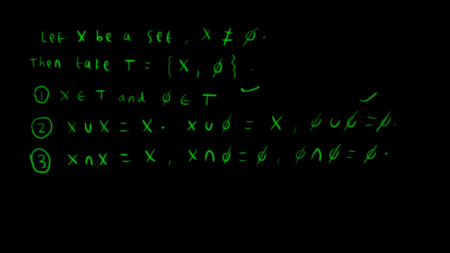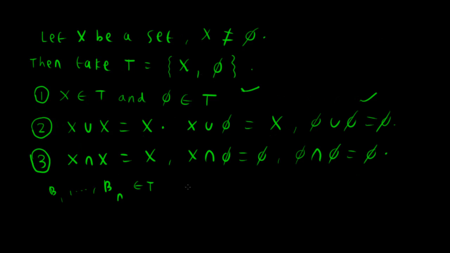Okay, and this applies to any finite number of sets that I take from T, because I only have these 2 options. So, just to illustrate this a bit, if I take B1 up to Bn in T, then they can only be X or the empty set, each one, right?